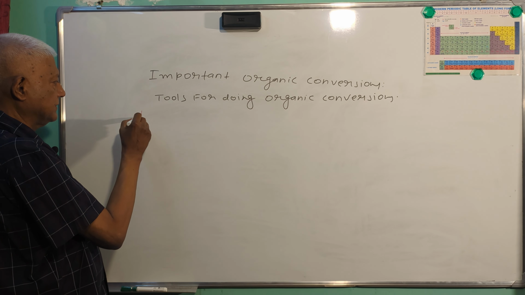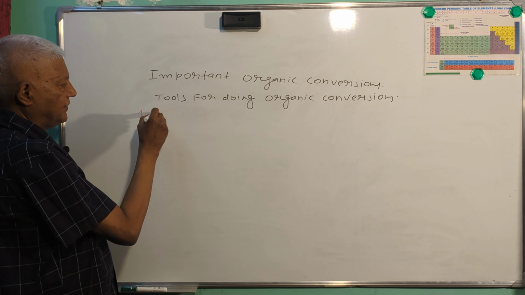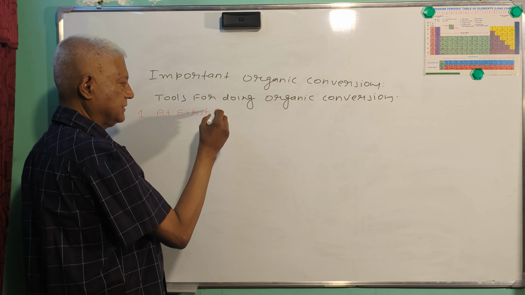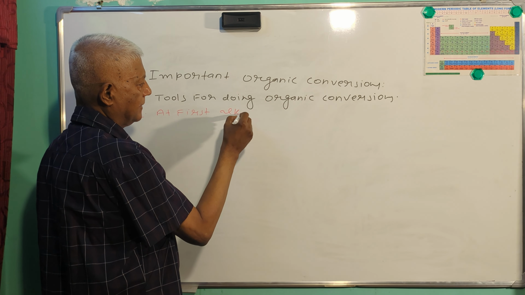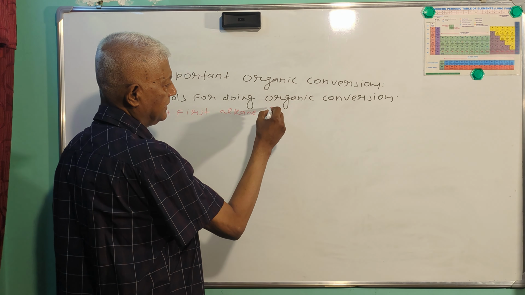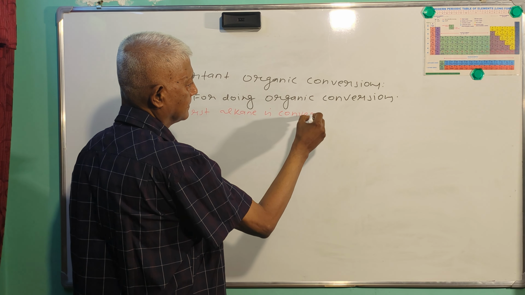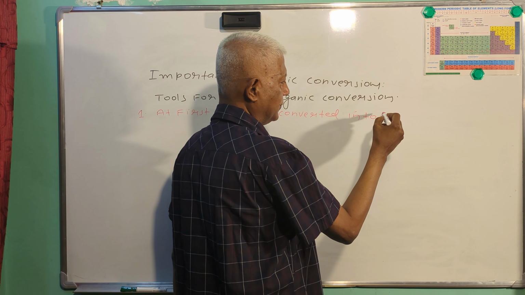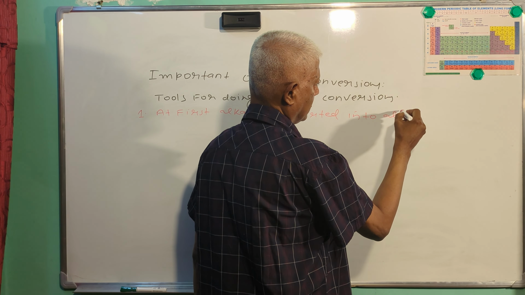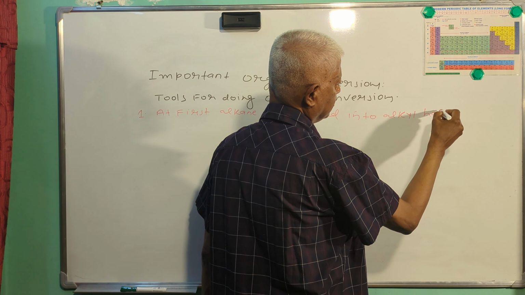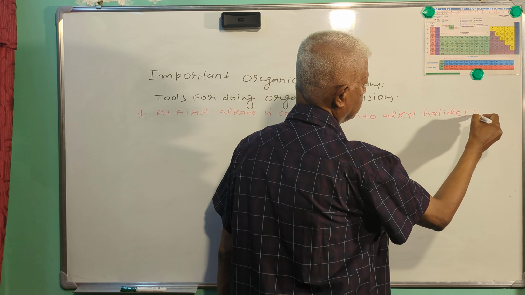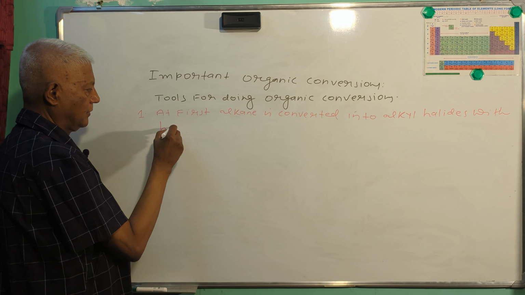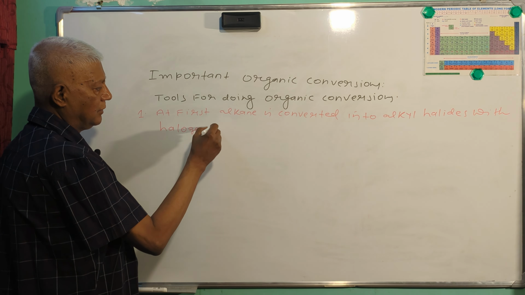So the first rule is like this. At first, alkane is converted into alkyl halides with halogens.